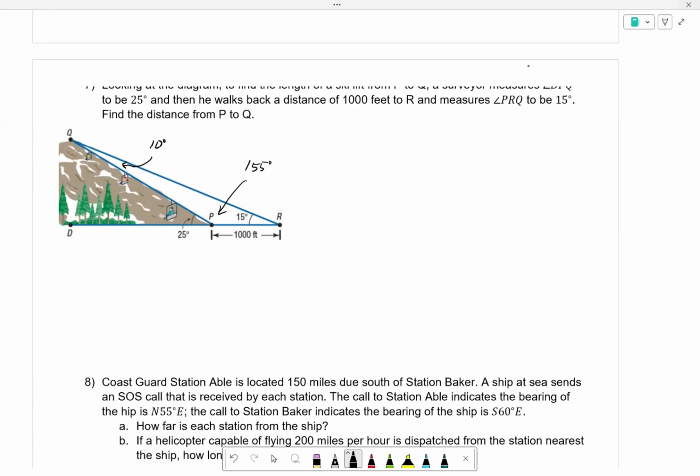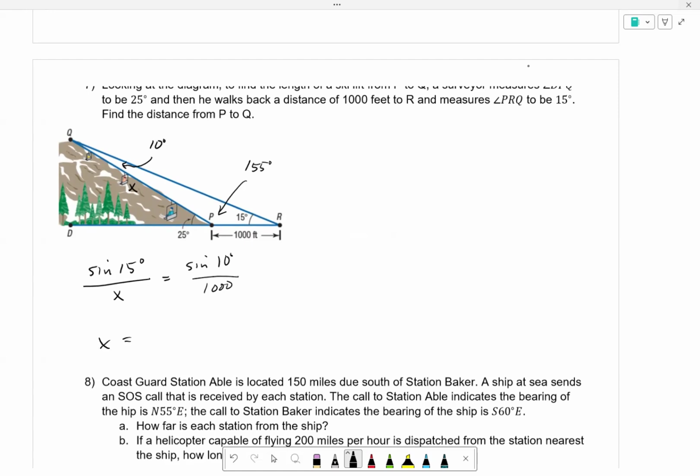And then I just used law of sines where I found the sine of 15 over PQ is equal to sine of 10 over 1,000. Should we give PQ a name? We'll give it X. Sine 15 over X is equal to sine 10 over 1,000. Are we good with that, everybody?